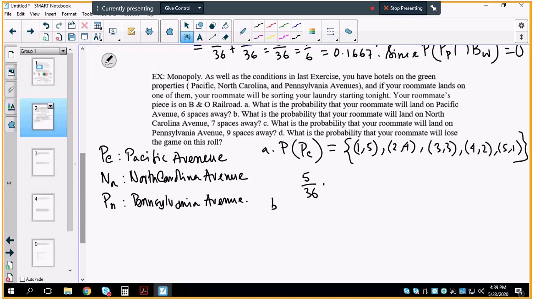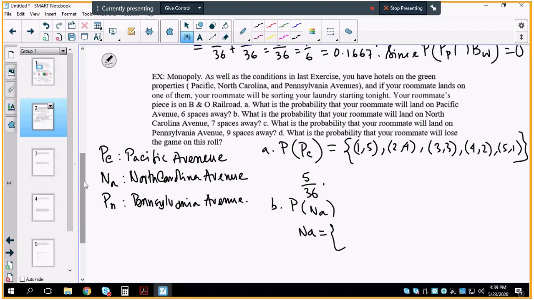The second one is, what is the probability that your friend will land on North Carolina Avenue? Now remember, North Carolina Avenue is going to be the event with the outcomes that will give you the sum of 7.